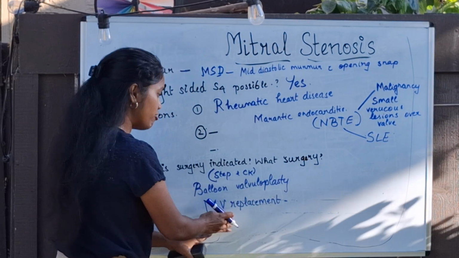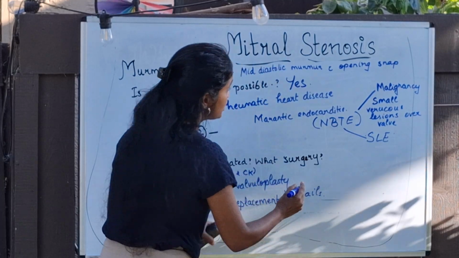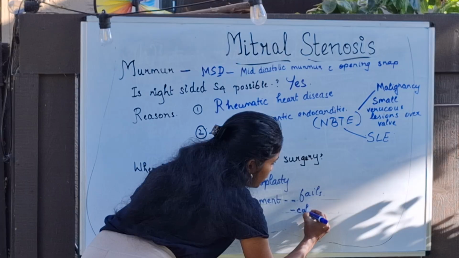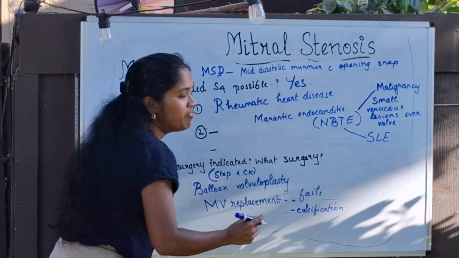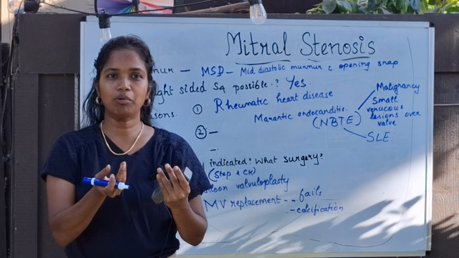is done if balloon valvuloplasty fails or if the mitral stenosis is very severe, such that the mitral valve has undergone calcification. What is the idea behind balloon valvuloplasty?